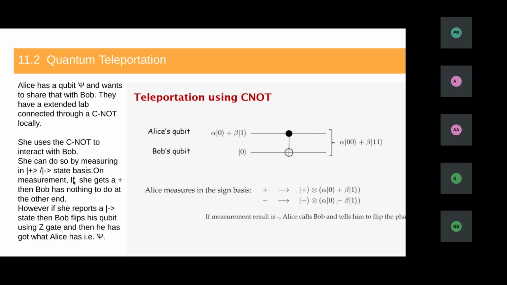If she gets a plus by measuring, then Bob has nothing to do. Bob has already got what he needs, and he can just take it and get a value out of it. If it's a plus, he'll get this. If it's a minus, then he has to flip. Now, this is the whole logic.